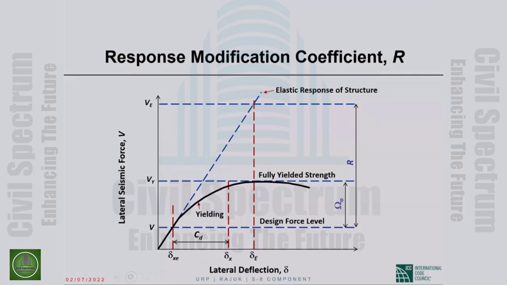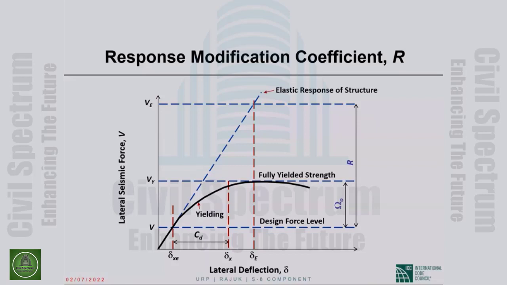Now, this design base shear V is distributed along the height of the structure in the manner prescribed by the code, and we will look at that distribution in a little bit.